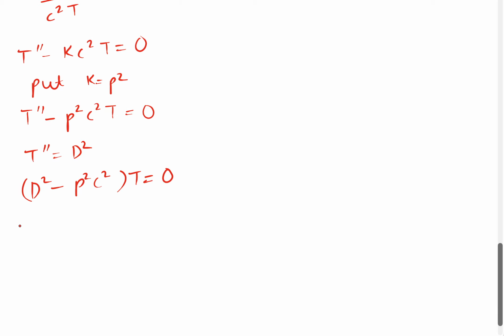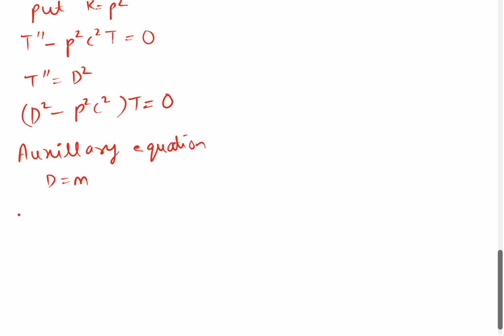Now what will be our auxiliary equation? You must know about this. We need to find the auxiliary equation where we put d is equal to m. So it will become m square minus p square c square is equal to 0. So m became plus minus pc.